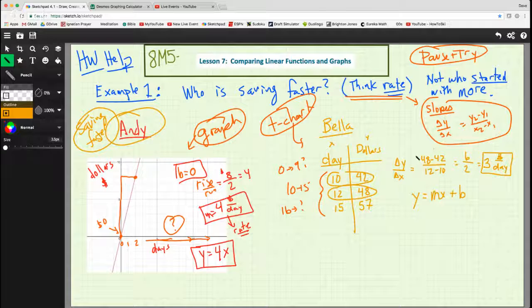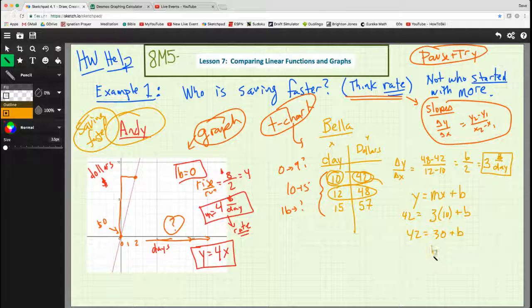With y equals mx plus b, we can take our 3 and put it in for m. We can take our point. Let's take this point, 42 equals 3 times 10 plus b, right? I took my x is my 10 and my y is my 42. I could have used either of the other 2 points, but I'm going to use this first one. And we'll say 42 equals 30 plus b. So b is 12. Right?